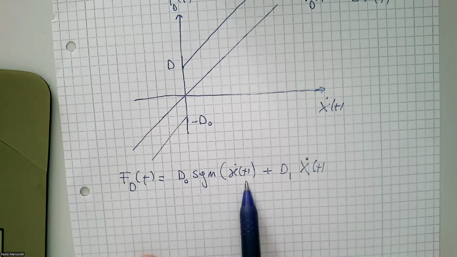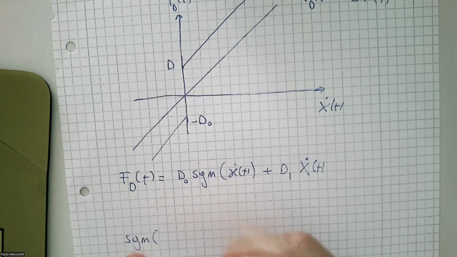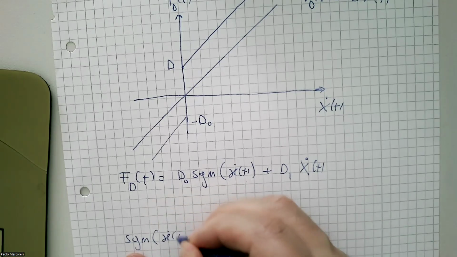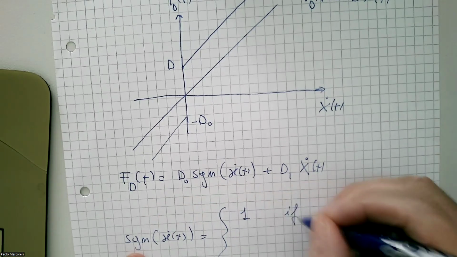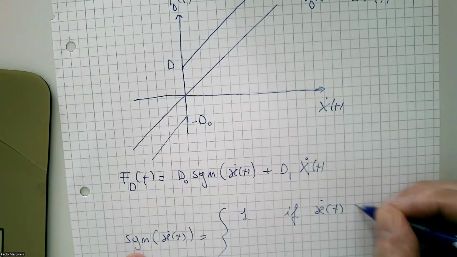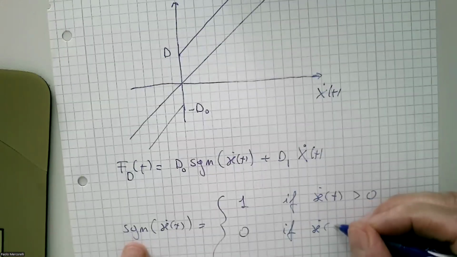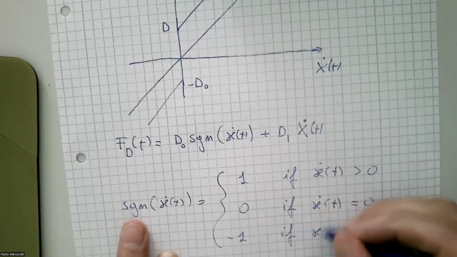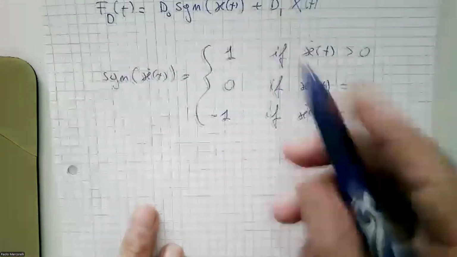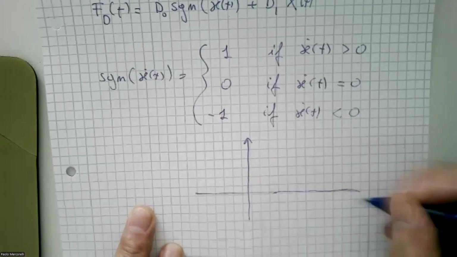Why SGN? SGN of x derivative is a function defined one if x derivative is positive, zero if x derivative is zero, minus one if x derivative is less than zero. Basically, is the sign of the velocity.